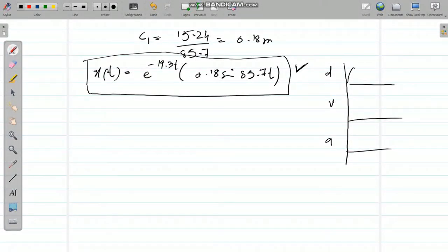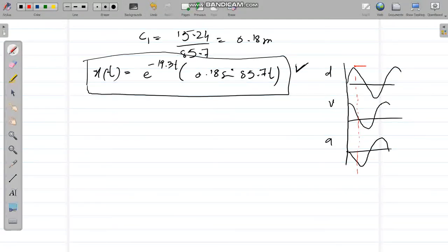If I draw these response curves, we know that where the displacement is maximum, the velocity is 0.